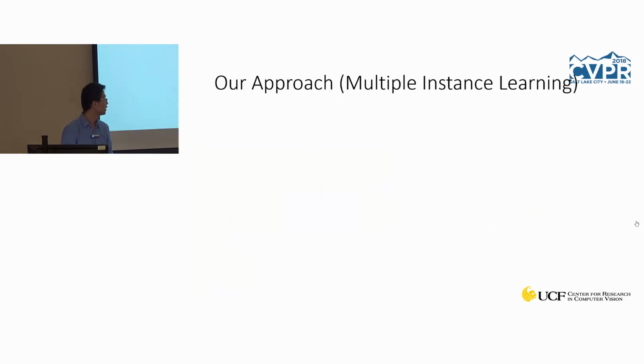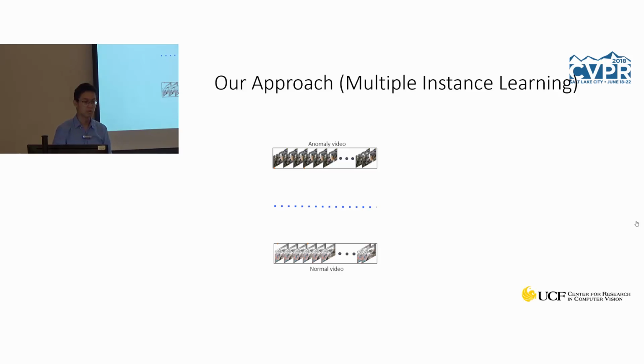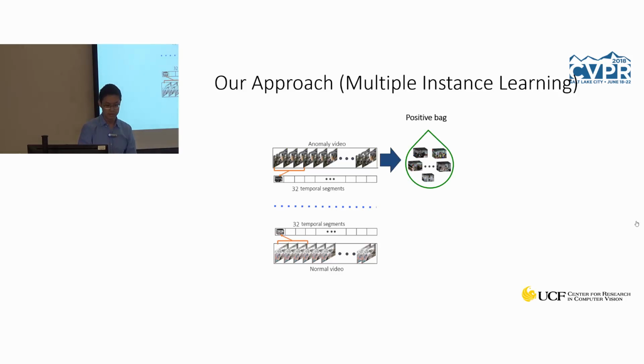For the weakly labeled videos, we use the multiple instance learning approach. We divide the anomalous videos and normal videos into segments. Here we use 32 temporal segments, and we construct a bag. For an anomalous video, at least one of the temporal segments will correspond to the anomalous segment, so we call it a positive bag.